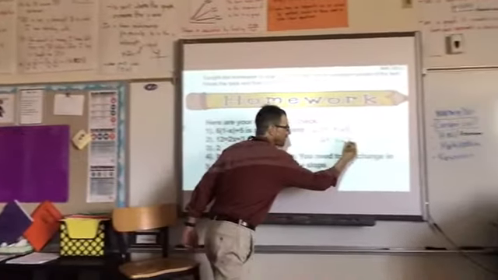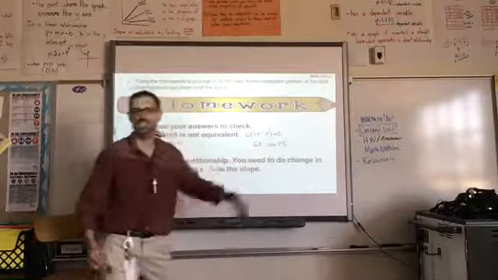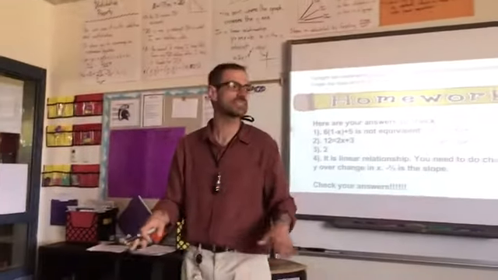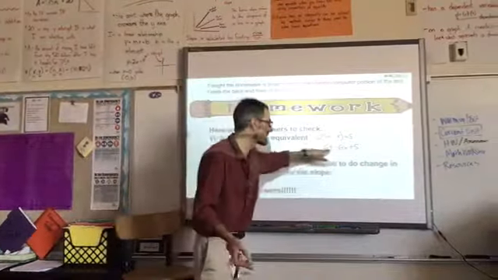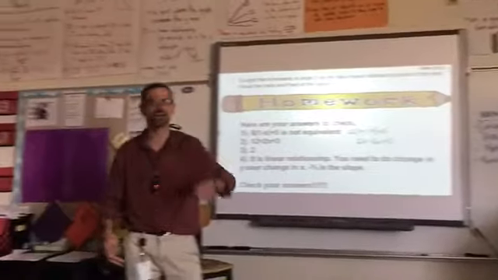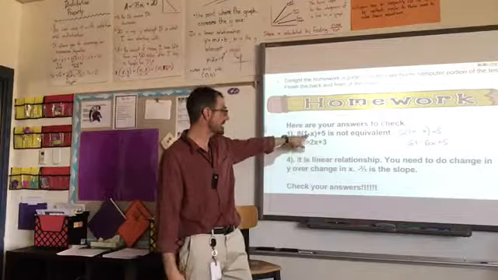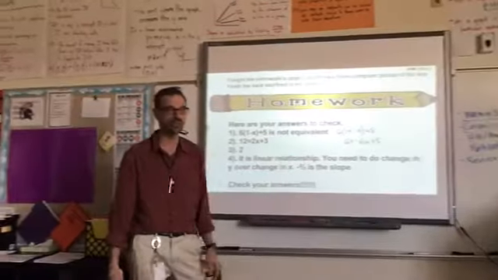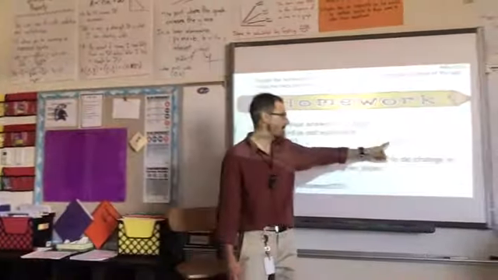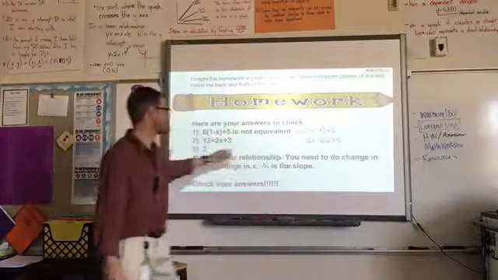Negative 6 plus 5. Negative 6x, there is not a negative 6x as an option as your other answers. So clearly, that is not equivalent. That's why making this adding a negative makes it not equivalent. Okay? So make sure you do that.